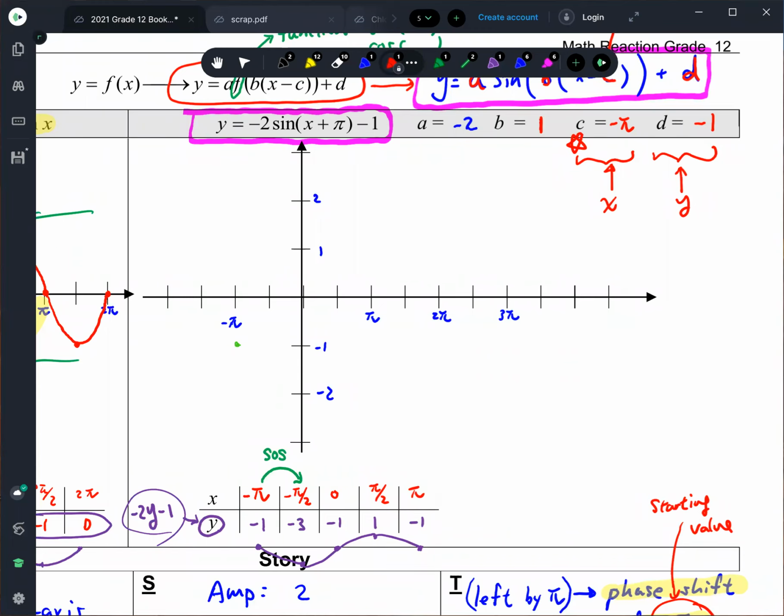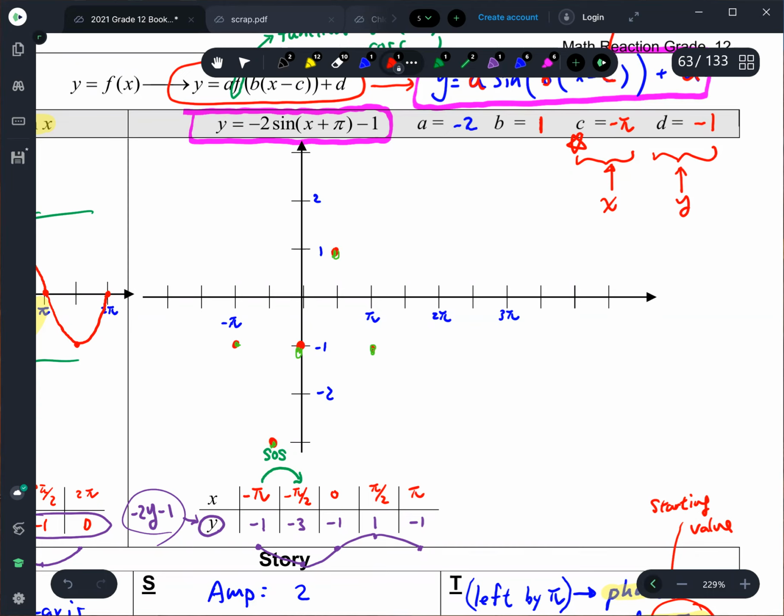Okay, negative pi, -1. Do I have to connect them? No, there's a point. Oh, yeah, right here. Okay, I see it. Okay, down here, back to here.